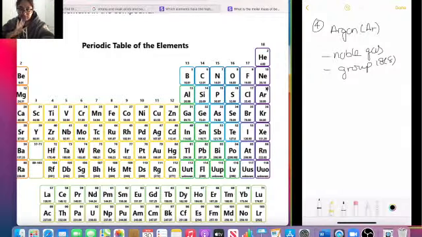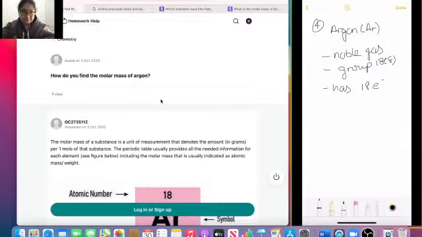And so from the periodic table you can see that it basically has 18 electrons, and so it has a full outer shell, right? And so now we have to find the molar mass of argon.